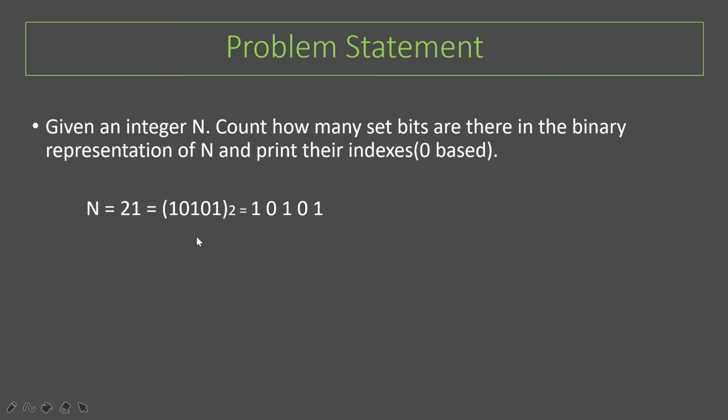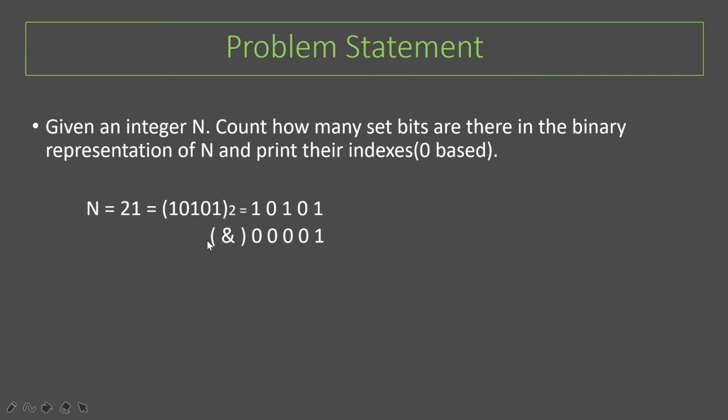Then what we can do, firstly we will check from the 0 index. We will check whether this index is 0 or not. For that we will do an AND operation with 1. We know that in the binary representation of 1 there is one set bit, which is the 0 index, and the rest of the bits are 0.